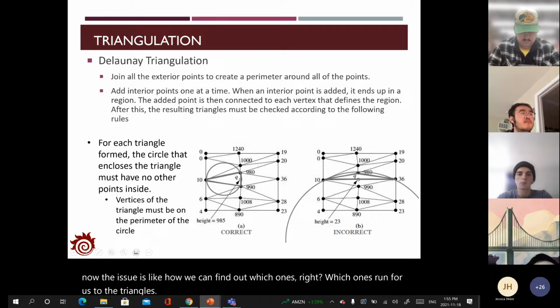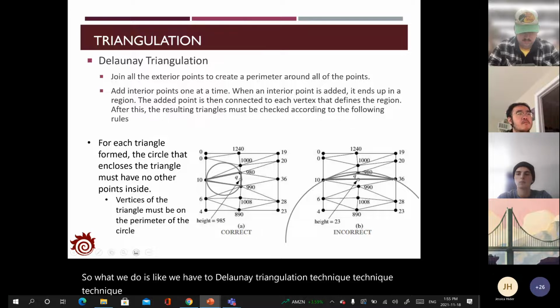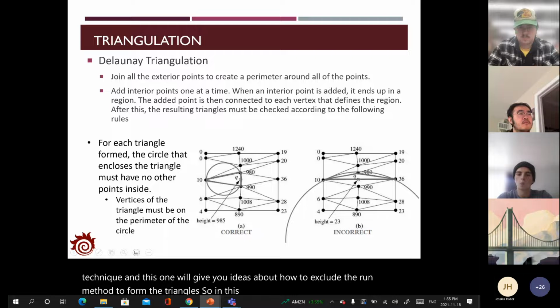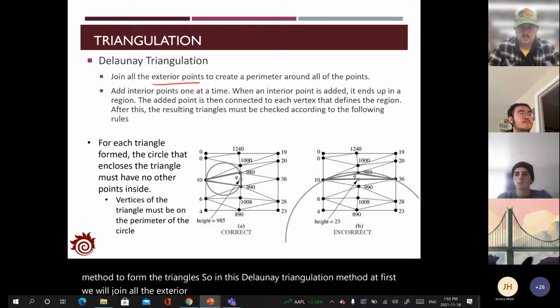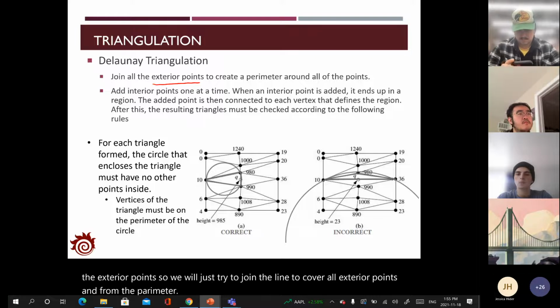So what we do is use the Delaunay triangulation technique. This one will give you ideas about how to exclude the wrong method of forming the triangles. In this Delaunay triangulation method, at first we will join all the exterior points. So we will draw the line to cover all the exterior points and form the perimeter around all the points you measured.